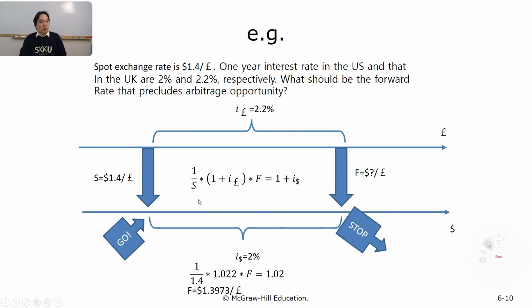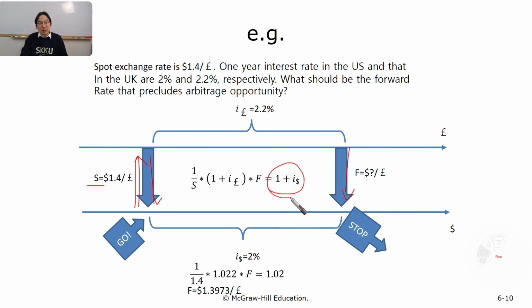Over here, 1 over S. Why is it 1 over S? Because initially in the spot market we are going in the other direction, whereas the spot rate is shown from pound to dollar, but we're going the other way. So that's why we take the reciprocal and multiply by 1 plus the pound rate times the forward rate.